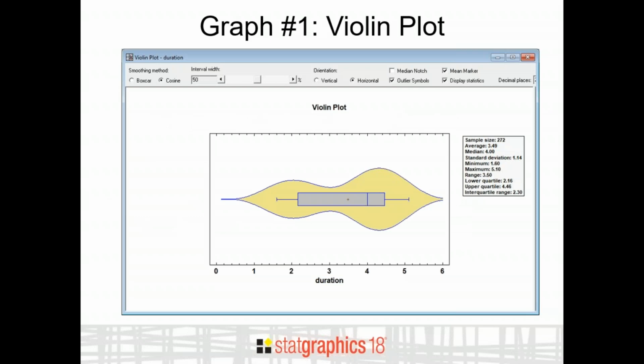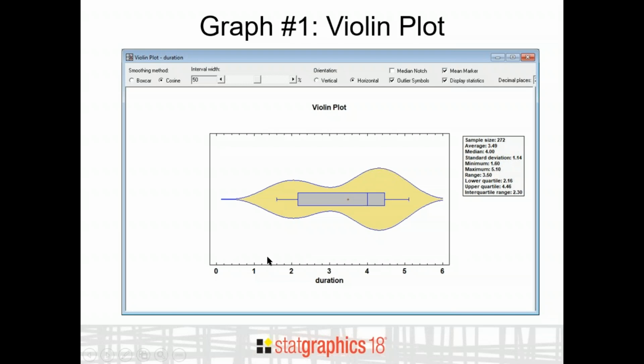A violin plot is an enhanced version of a box and whisker plot. You're probably all familiar with the box and whisker plot. It consists of a box covering the center 50% of a data set with whiskers to the smallest and largest observations.